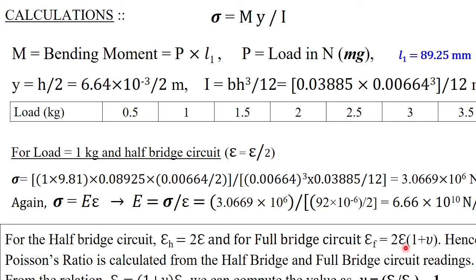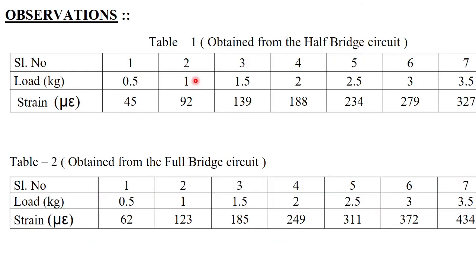This is twice epsilon into 1 plus nu, is it not? Nu is Poisson's ratio. So we have a half bridge reading and we have a full bridge reading corresponding to this 1 kg load, right? Corresponding to 1 kg load, this is our half bridge reading, this is our full bridge reading.